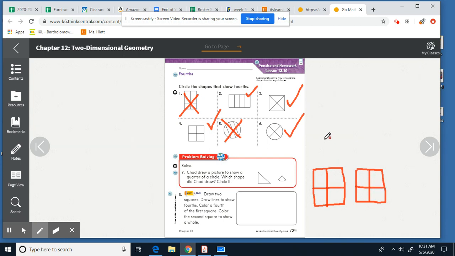On the first one, color in 1/4 of your square, and on the second one, I want you to color in the whole thing. 1/4 of the square, and the whole, okay? And then go ahead and have your parents take a picture of that and send it to me just so I can check in with your learning.